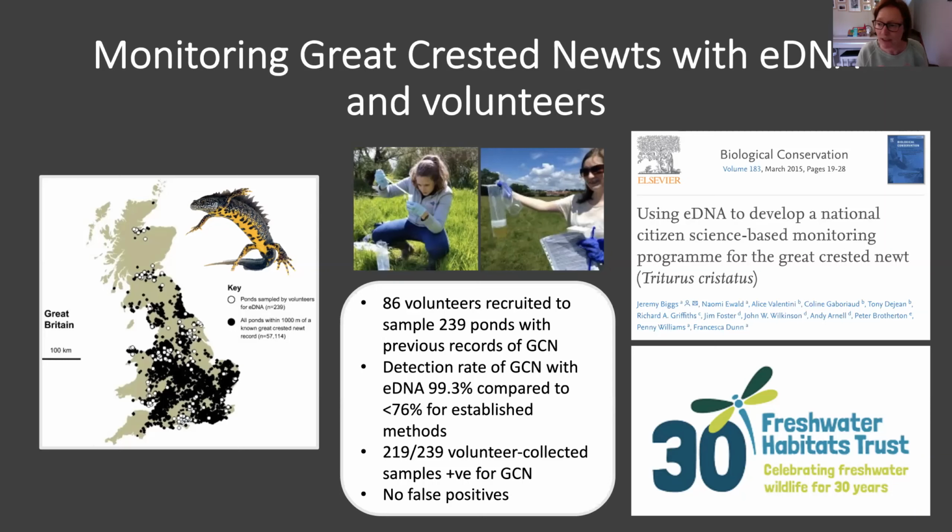And they had really good detection rates. So they knew from recent historical records whether great crested newts were expected to be there or not. So they compared the volunteers' results against the existing records, and they also found really good results when comparing the results from the volunteers against experts. So quite a simple procedure to collect these samples, and there's really good training videos available online now.